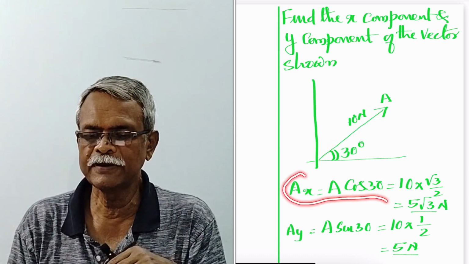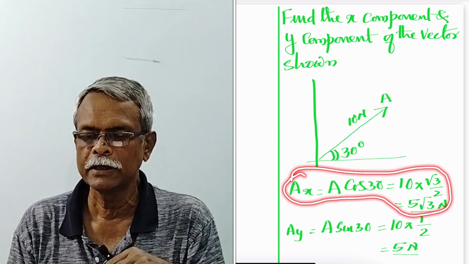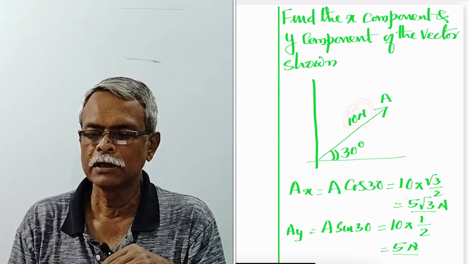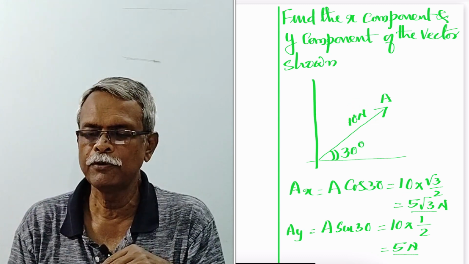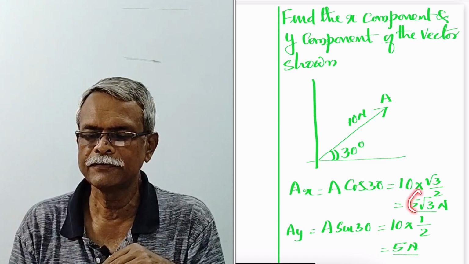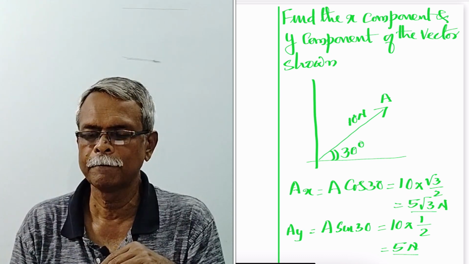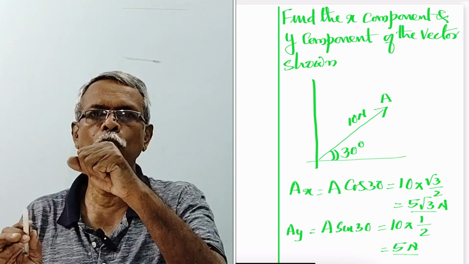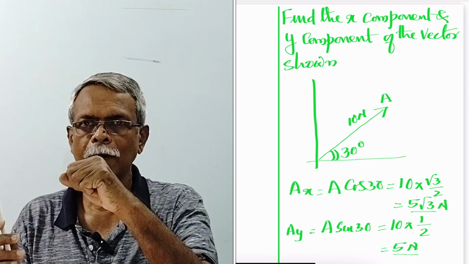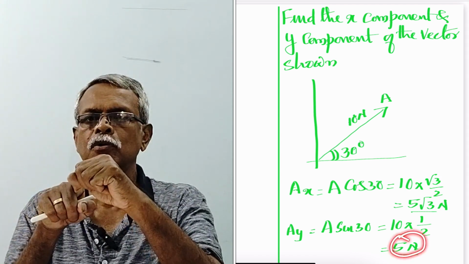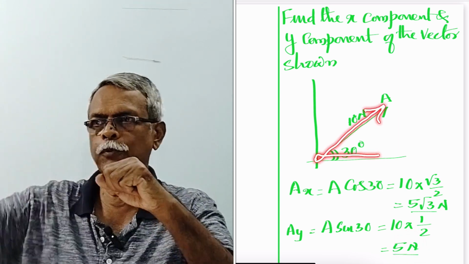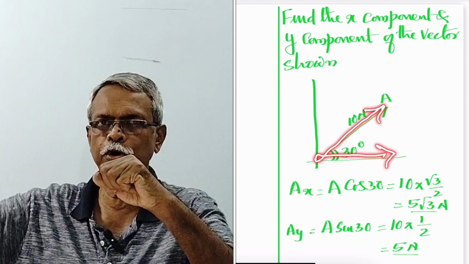Therefore, if this is a force 10 Newton, its x component will be 5 root 3 Newton and y component will be 5 Newton. This is 5 Newton, this is 5 root 3 Newton. The resultant will be 10 Newton. If you take a body and apply 5 root 3 Newton in this direction, you take a string and pull it in this direction with 5 root 3 Newton.